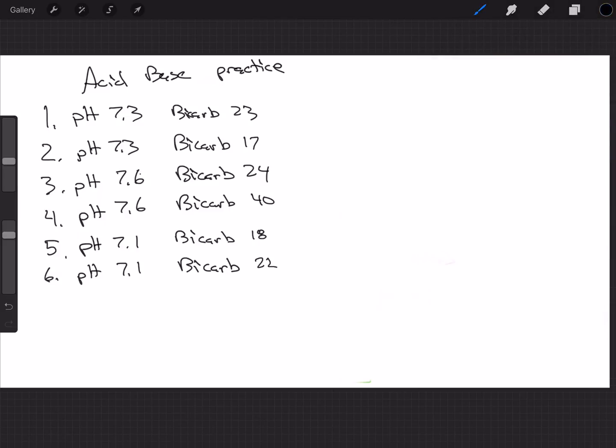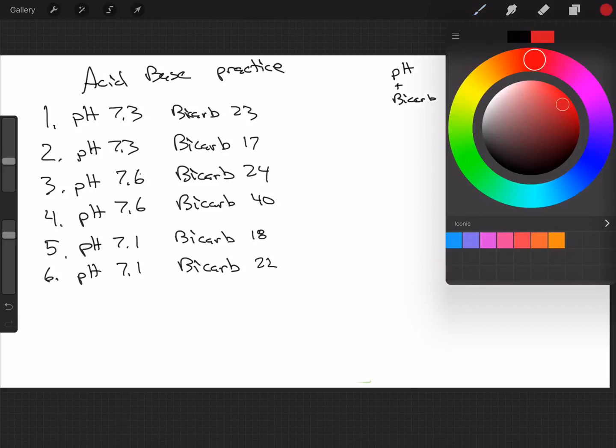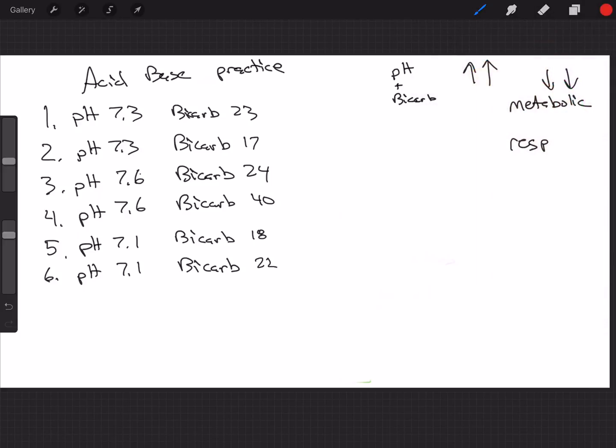So again, we said if the pH and the bicarb are either both high or both low, it's metabolic. And if they don't both go up or both go down together, then it's respiratory. All right, so on this one, we've got a pH of 7.3, so that's low, and a bicarb of 22.